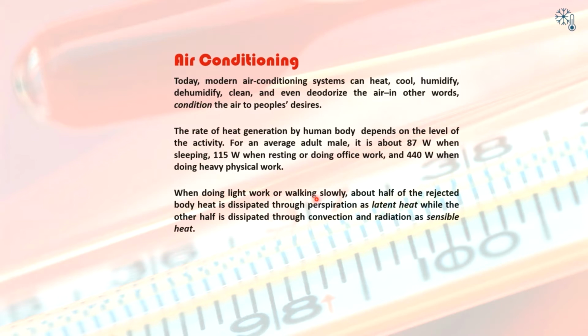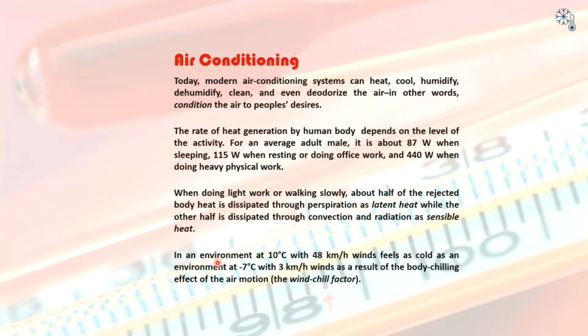When doing light work or walking slowly, about half of the rejected body heat is dissipated through perspiration as latent heat, while the other half is dissipated through convection and radiation to the surroundings as sensible heat. An environment at 10 degrees C with 48 km/h winds feels as cold as an environment at -7 with 3 km/h wind, as a result of the body chilling effect of the air motion.